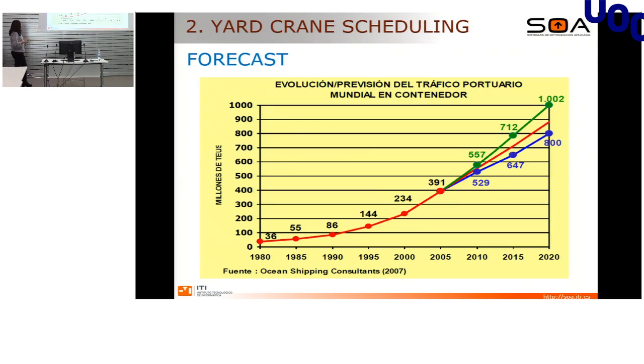So now we are more or less at this point, 2016, and it seems that real values are closer to the optimistic line. So it means that in a few years, the traffic of containers will arrive to 1,000 million around the world.